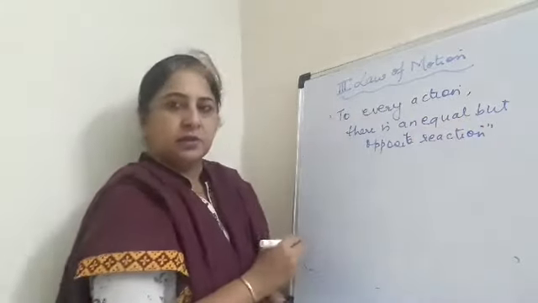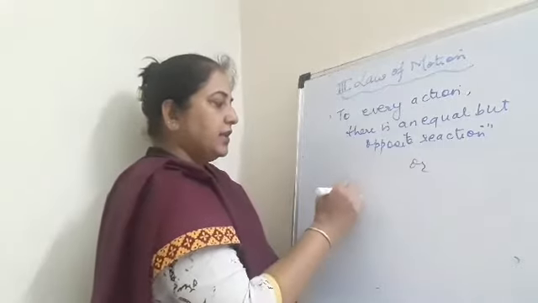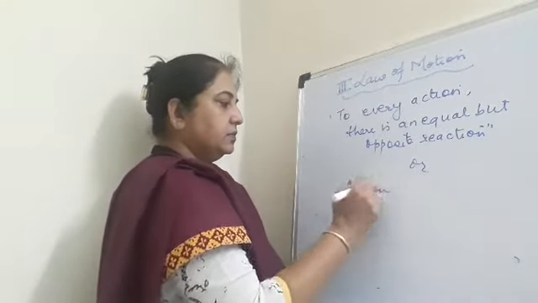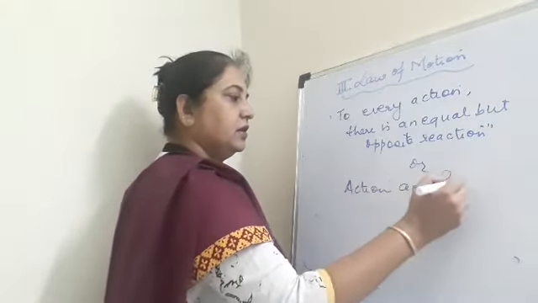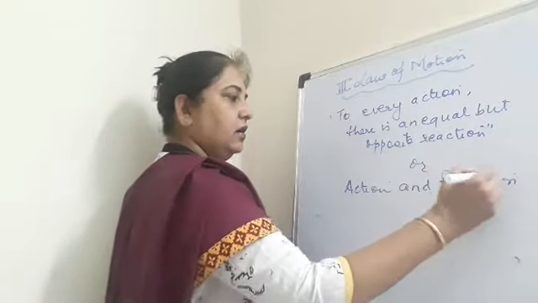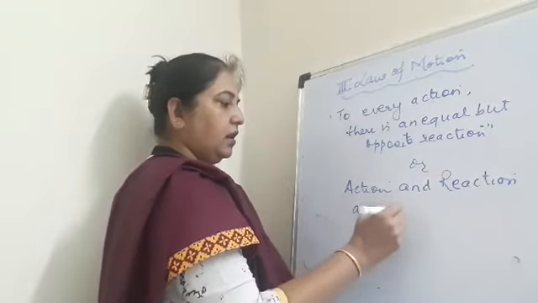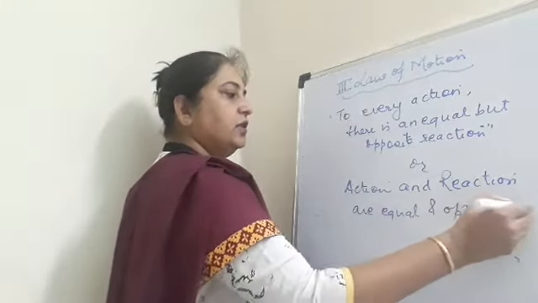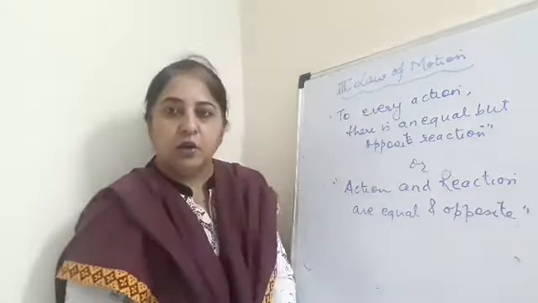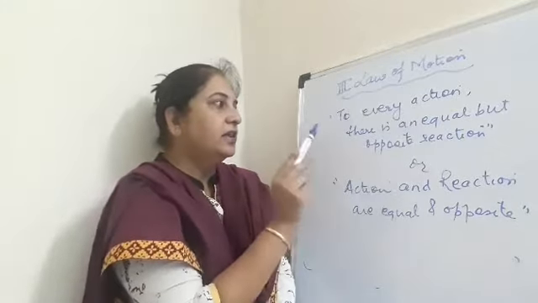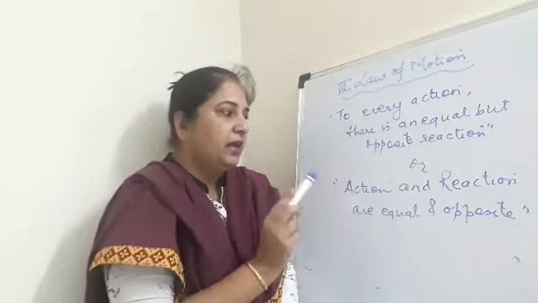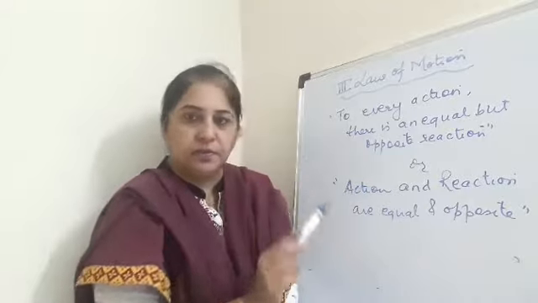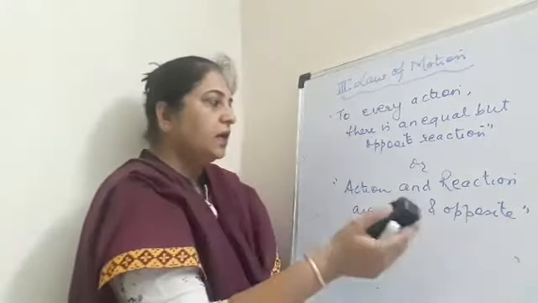This is one statement. We can also write it as action and reaction are equal and opposite. So these are the two ways in which you can write the third law.